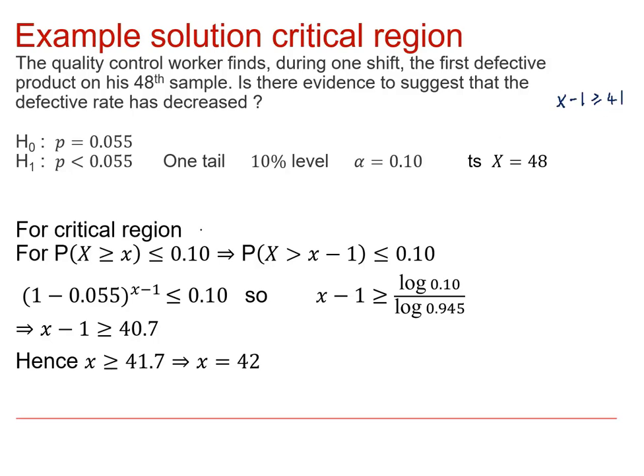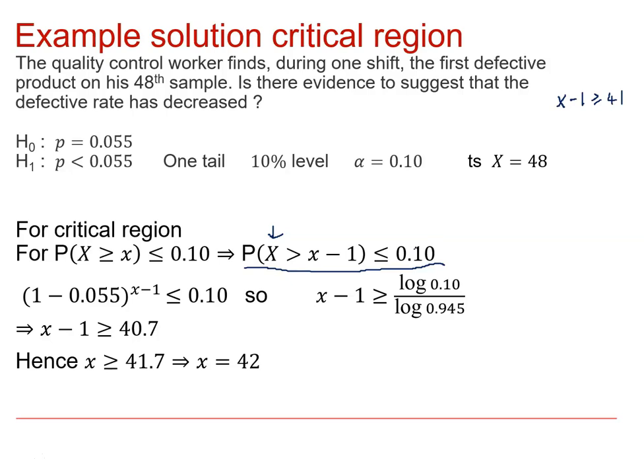If we look at solving the problem algebraically, if you recall, this was the statement that we came to, that we would need our random variable x to be greater than little x minus 1 with probability less than or equal to 0.1, and that comes from our significance level. In this case that would mean we need to find the point at which we've had a whole sequence of products that are not defective.